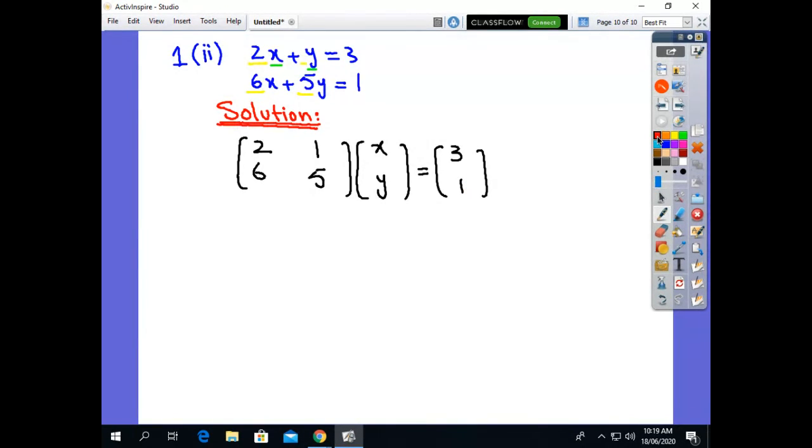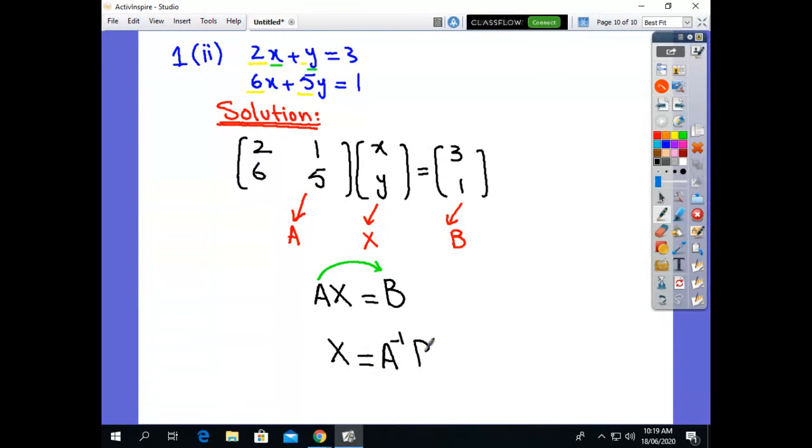Now we name the first matrix A, the second one X, and the third one B. We write it in the form AX is equal to B. Now we move A to the right side of the equation. It becomes A inverse, that is X is equal to A inverse B.